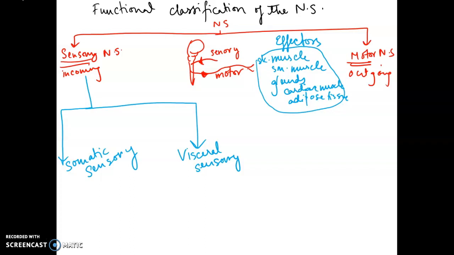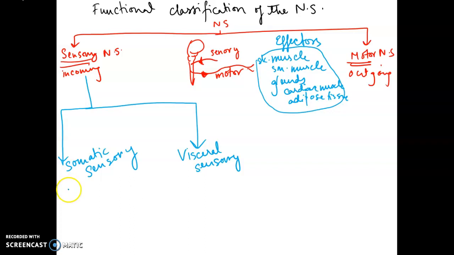Another example would be, I can feel the temperature of the room, right? I know it's a good temperature. It's probably set at 72, 73 degrees. I like it. So that's sensory information about temperature being carried towards the central nervous system, right? So these are somatic sensory, the ones that we can feel and we are aware of.